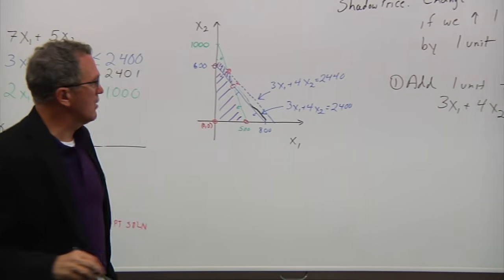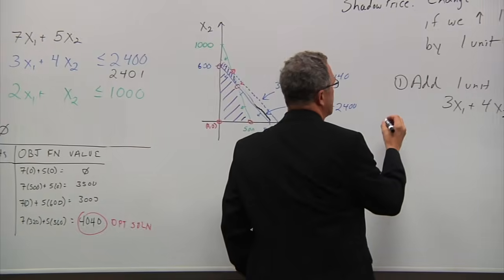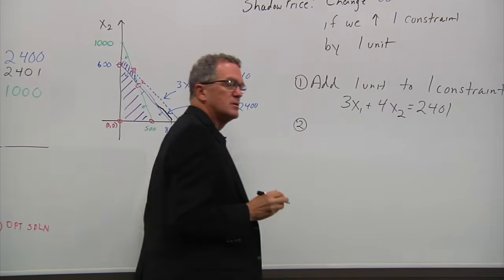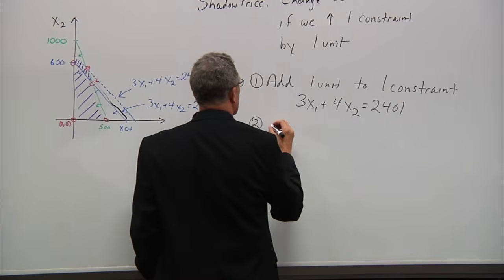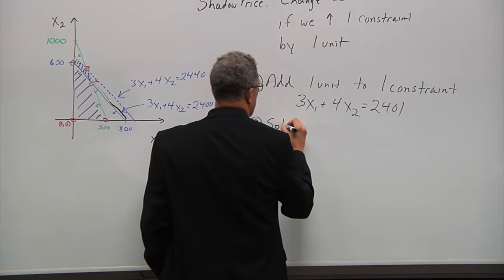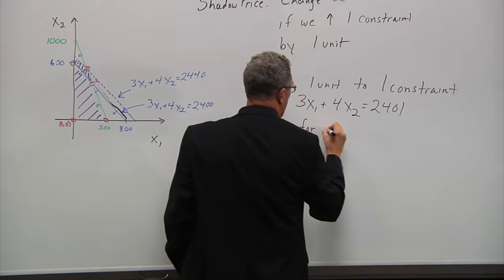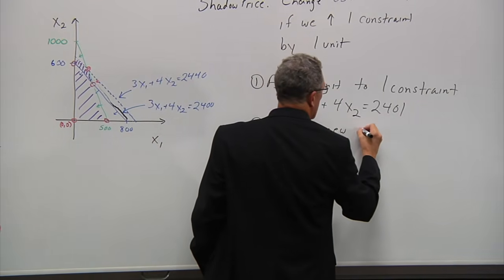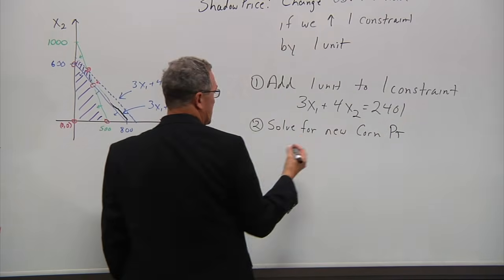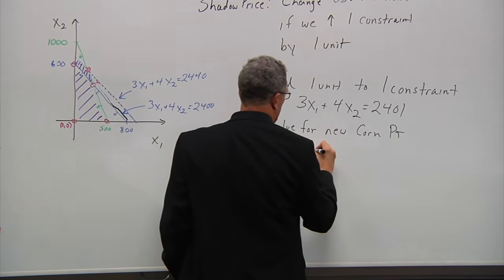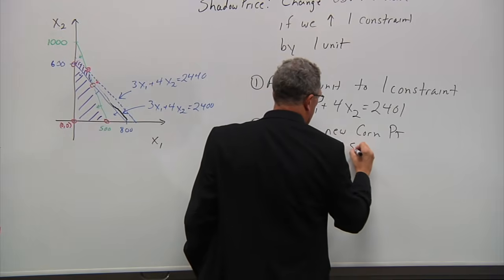We've got 1 more hour. Once we've done that, it now has a new corner point. So now we have to solve for the new corner point, which in this case will give us a new and improved optimal solution.